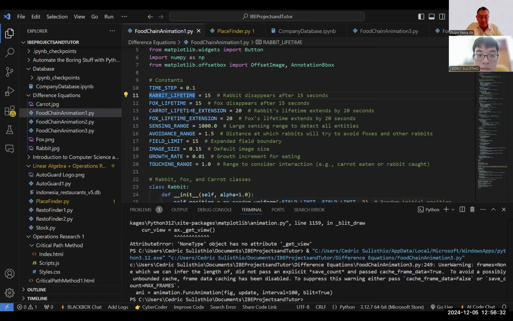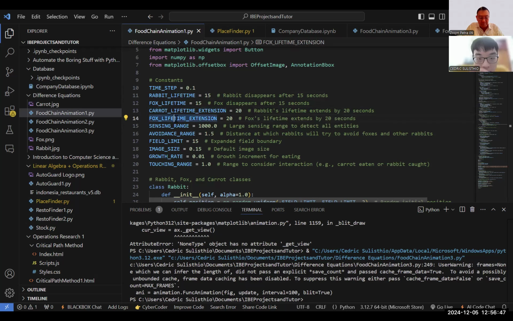Can I show you the code again? So actually here you can see that I made the rabbit lifetime 15. But in this part I said carrot lifetime extension. So if it fails to get the carrot, it will die in 15 seconds.